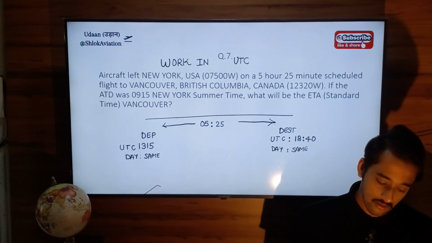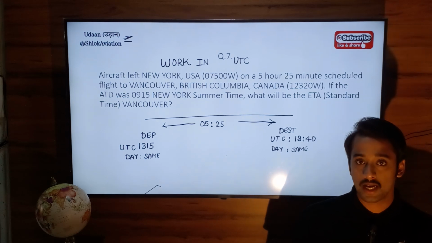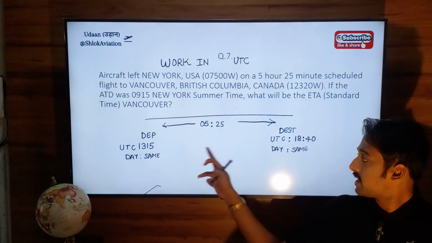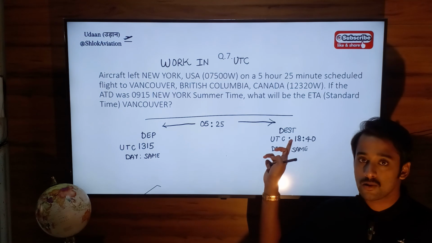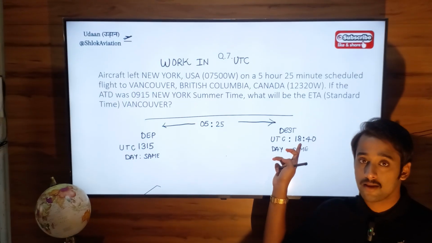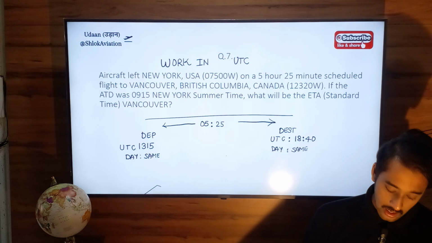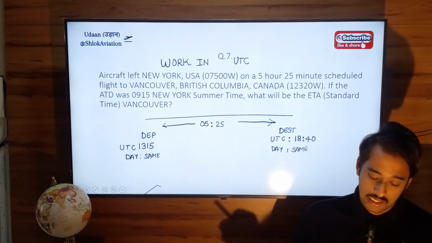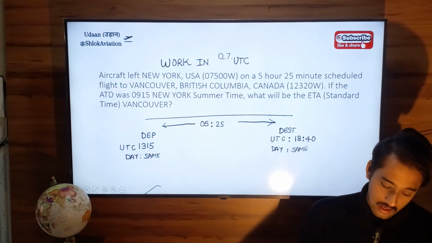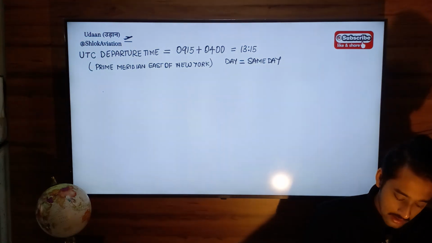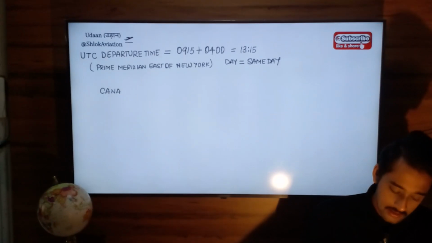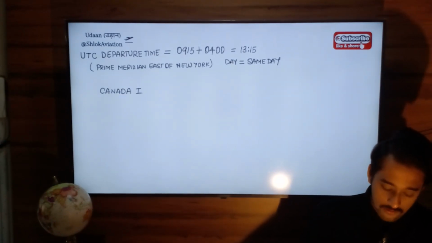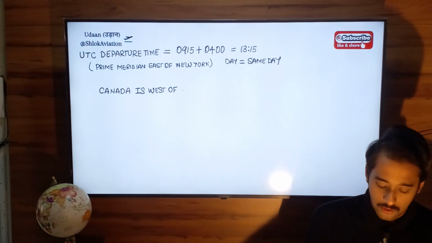Now we have to find the estimated time of arrival at Vancouver. Already we have found UTC. According to UTC, it will be 6:40 p.m. in the evening. Now, if we want to convert that into corresponding standard time, we can do it. Vancouver is west of prime meridian.